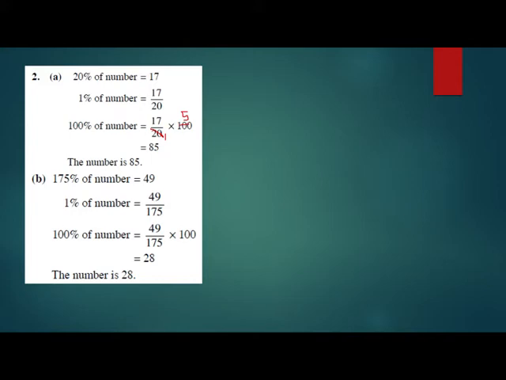Read the table of 25: 25 fours are 100, and 25 sevens are 175. 7 ones are 7, 7 sevens are 49. Simply multiply 7 by 4, you will get 28.